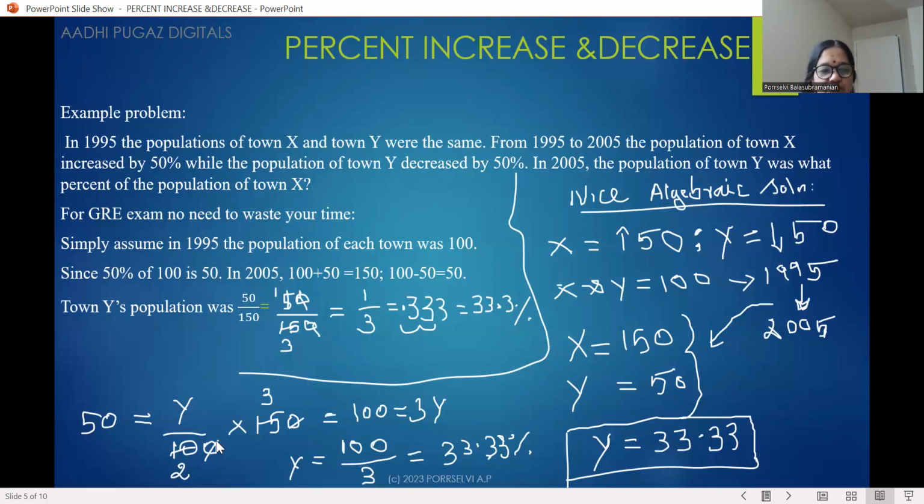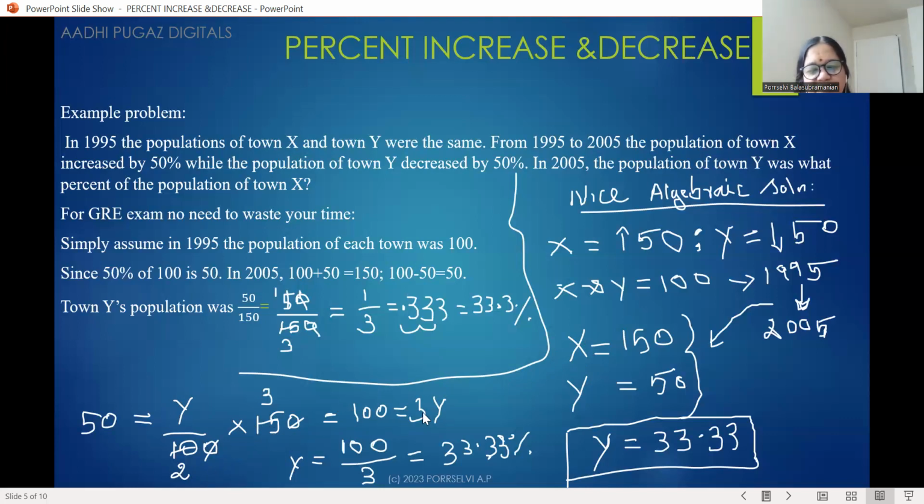So 50 is the value of Y, and we are going to calculate the unknown percent. So Y divided by 100, multiplied by 150, the total population of town X. Simplify this: cancel the zeros, and 10 and 15, how many 5s are there? 3 and 2.